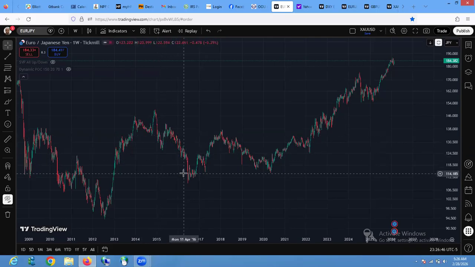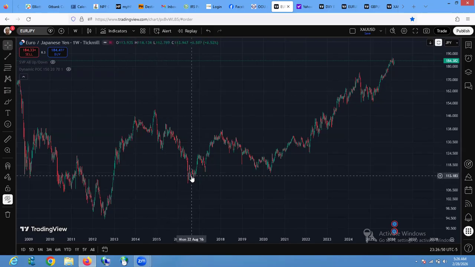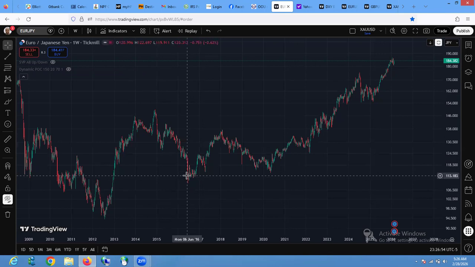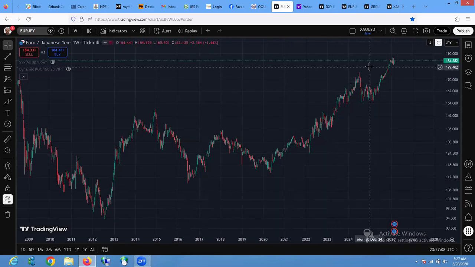So an A wave, a B wave. Would this A and B wave turn into something else in the near future or in the long term? We're going to see.